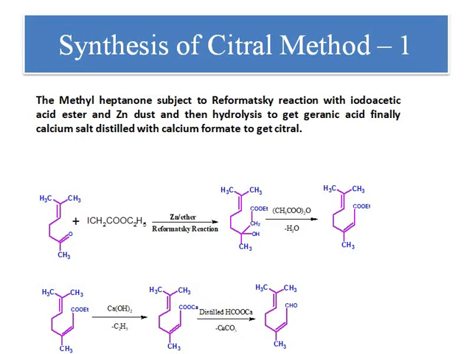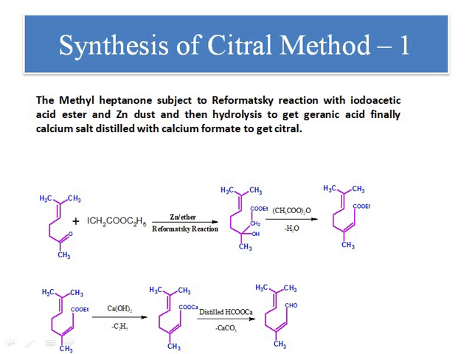So how will you form the citral? This is the first method. In the first method, what happens? The methylheptanone is subjected to Reformatsky reaction with iodoacetic ester, right? This is iodoacetic ester. Then what happens?